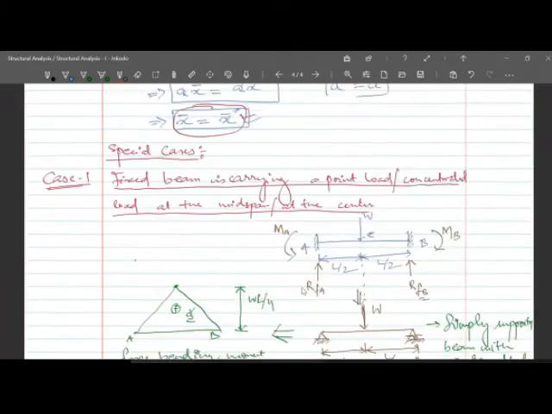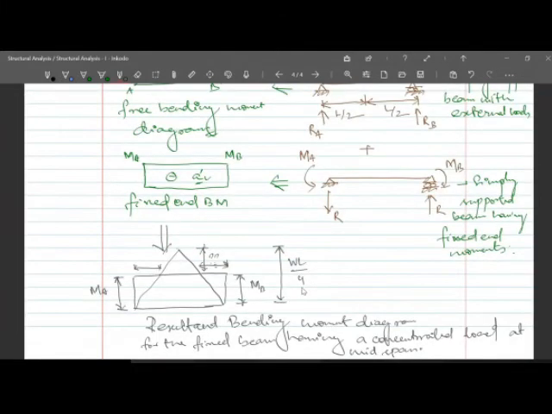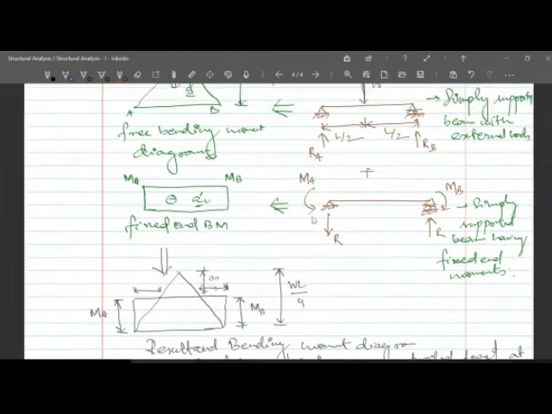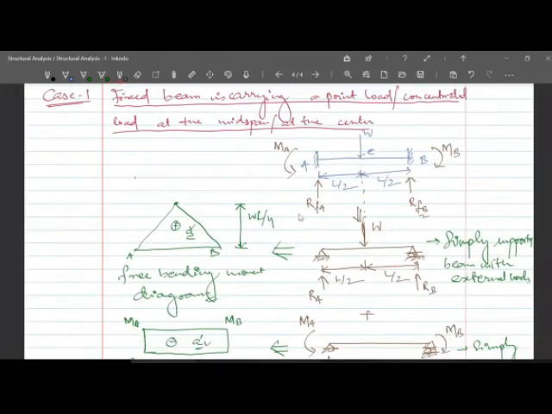So let's write something about this. I hope the concept behind the analysis of a fixed beam carrying a point load or a concentrated load at midspan is like this. So let's write it in words. This is what I explained to you. You have to draw this also.